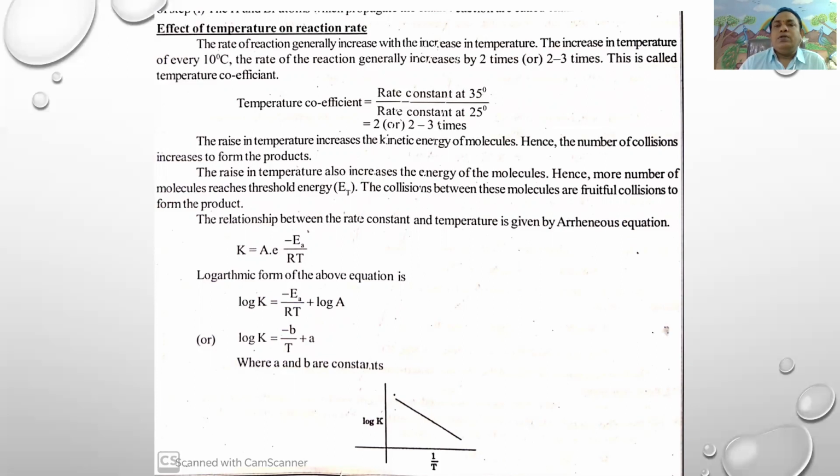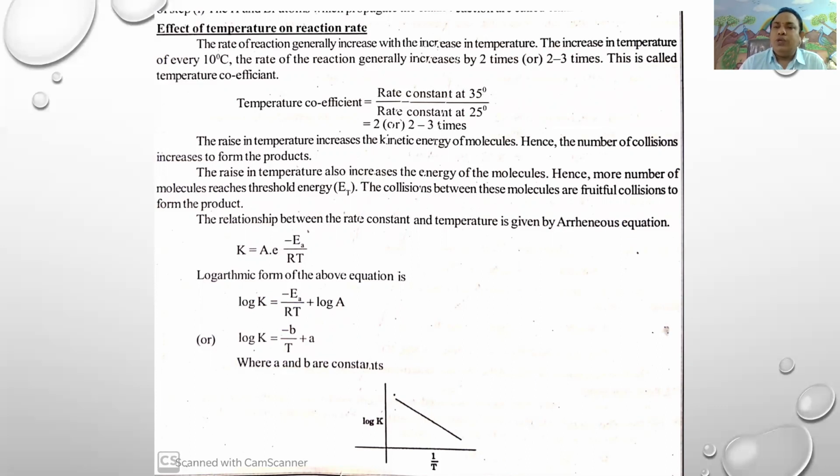Here, during the chemical reaction, while increasing the temperature of the reactants by every 10 degrees centigrade, the rate of the reaction generally increases by 2 times or 2 to 3 times.